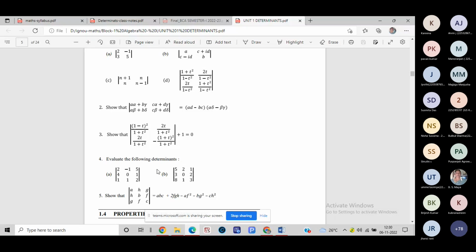Got it, ma'am. You apply that one. LHS. Yes, ma'am. 2F square. Easily you will get it within 2 steps. You're comfortable, right?